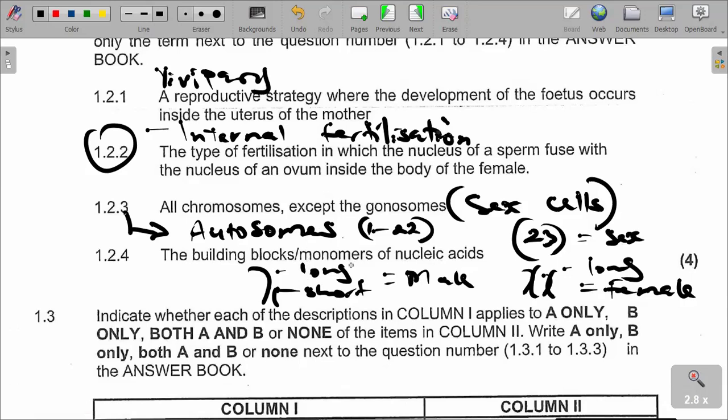It's the building blocks of nucleic acids. Nucleic acids are built up of nucleotides.